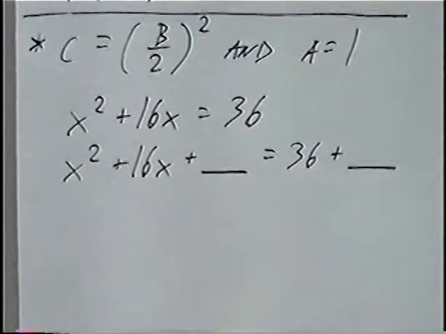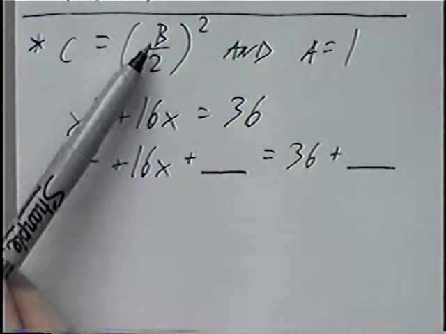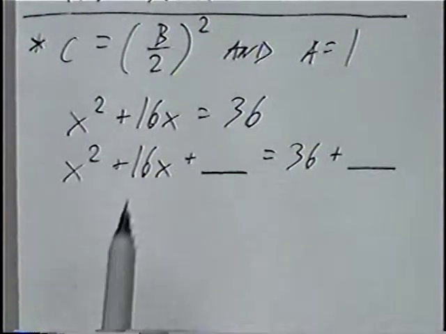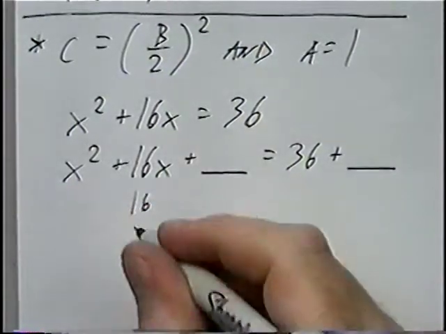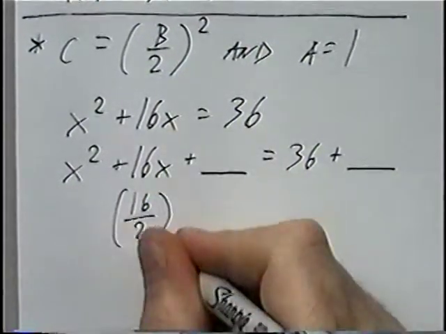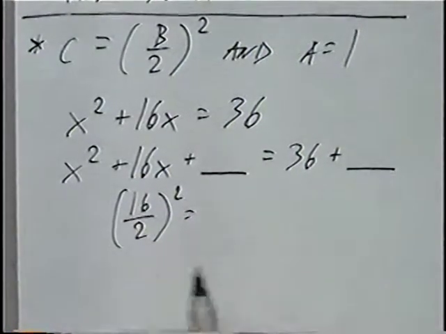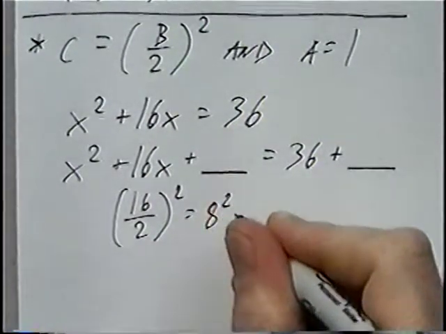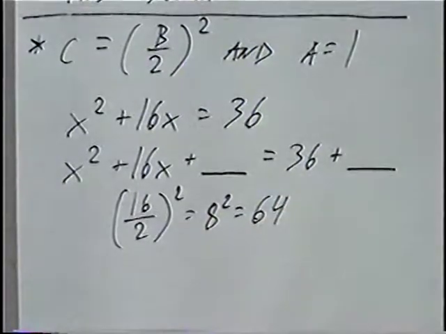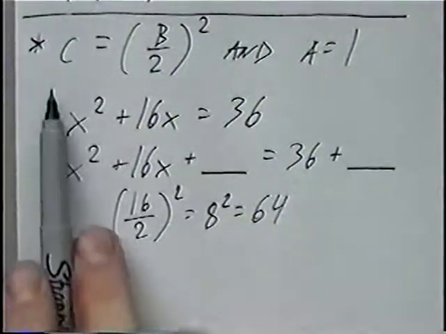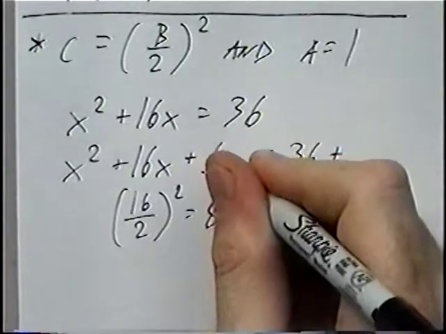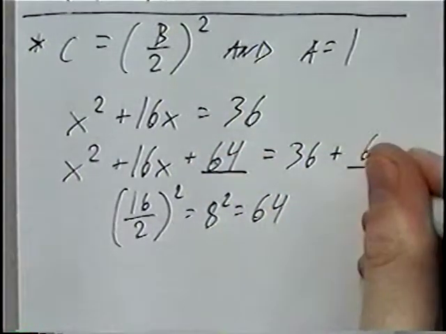To find the number to add, we take the value of b, the coefficient in front of x, which is 16. We divide that by 2 and square it. 16 divided by 2 is 8, and 8 squared is 64. So 64, the value of c, is the number we add to both sides of the equation.